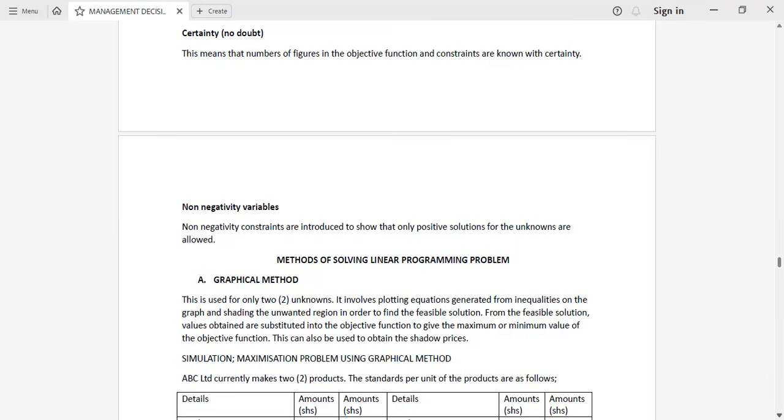In other words, there are no negative values that we are going to put under the constraints. There is no way we are going to be having negatives.